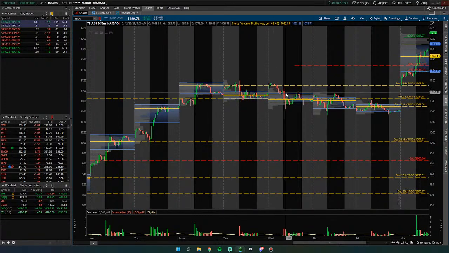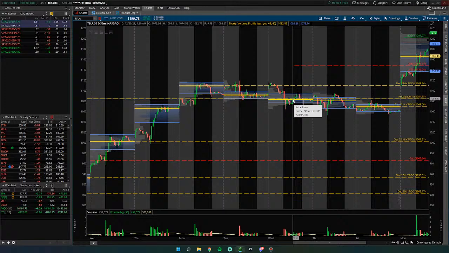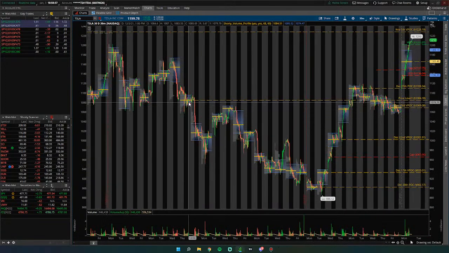And so you can see over and over, this level keeps getting retested to the point that a POC forms at almost exactly the same level. What day is this? December 29th. And this one back here is December 2nd. So, almost a month later, a POC forms at almost exactly the same price level.